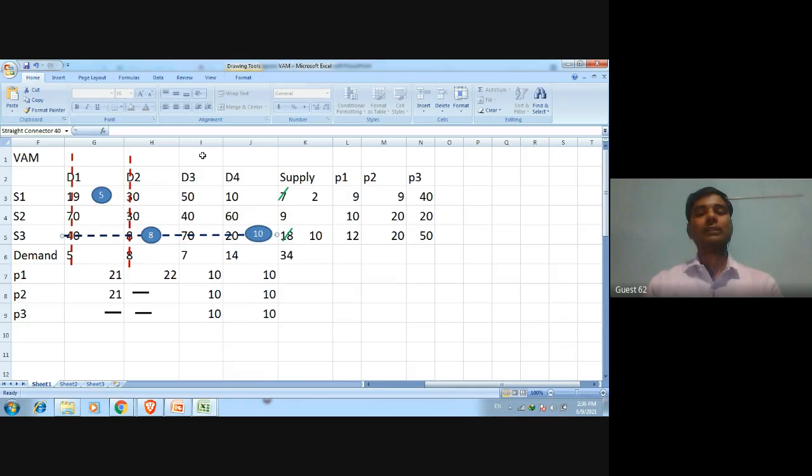I have drawn a horizontal line from S3. Now, in the next step, there is no need to calculate the penalty for S3 because the supply of plant S3 has been exhausted.